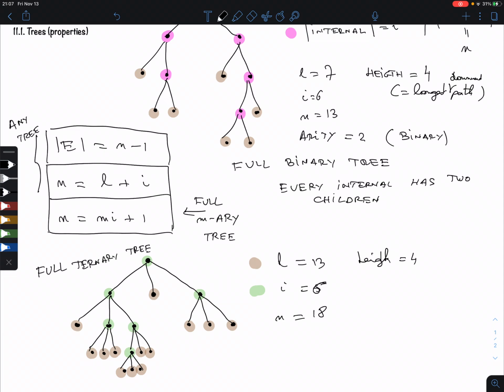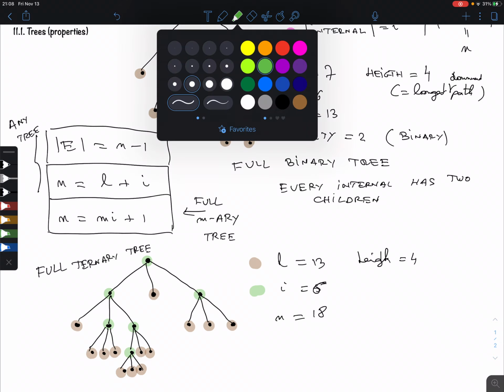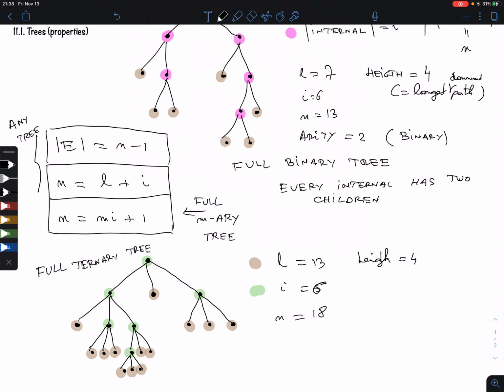Now let's see how we come to this count. Well, first of all, there is the root. Let me circle the root to make clear that it is slightly different than the others, right? So this is the root. So that is one guy. Then we have the other internals. Every internal has m children, right?